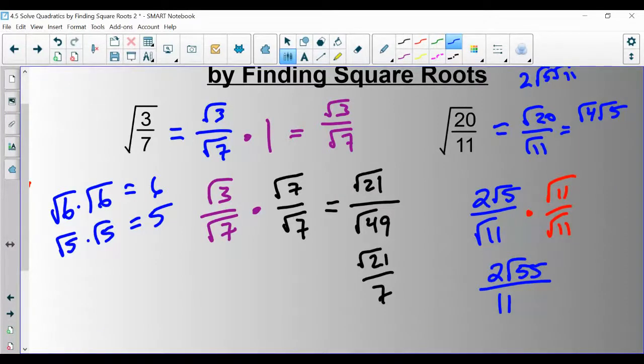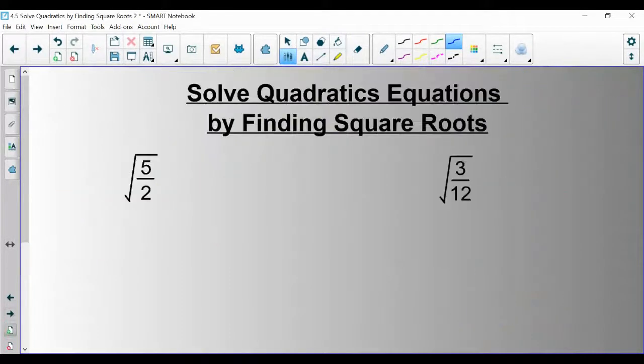At this point, I would have to evaluate and make sure that root 55 doesn't have any perfect square factors, and it doesn't. None of the numbers that are in that big list are factors of 55, so this is the correct answer. Go ahead and try one more. Root 5 over root 2.